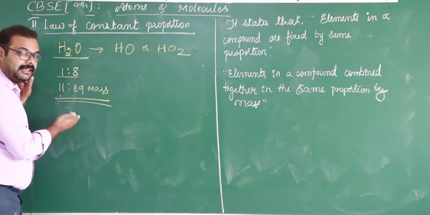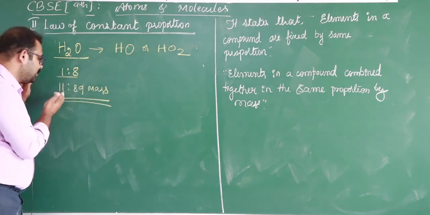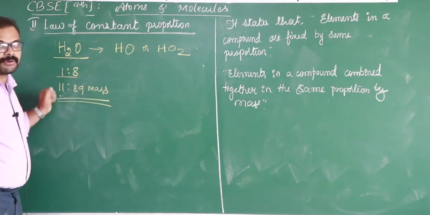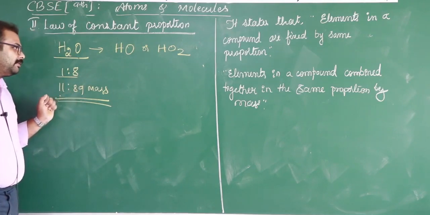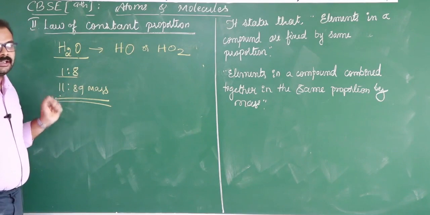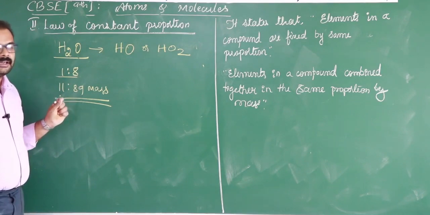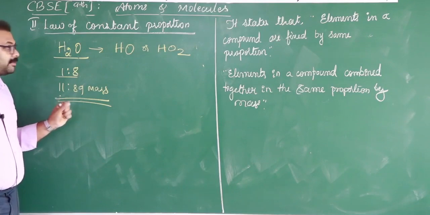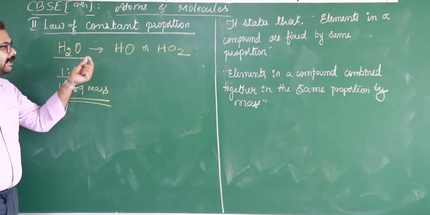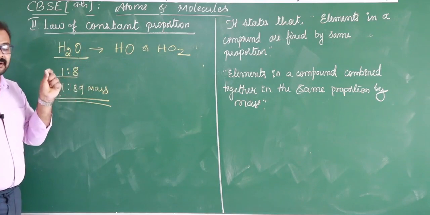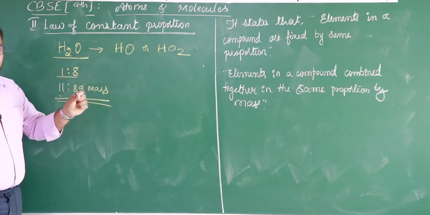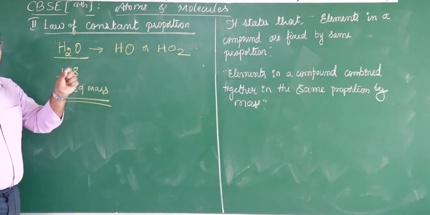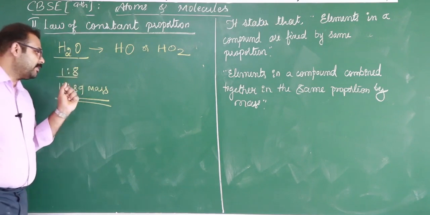Finally he came to know that water consists of only this proportion. So this shows that the elements in a compound are in definite proportion. That is what you call the law of constant or definite proportion: the number of elements and their proportion is constant in a compound.